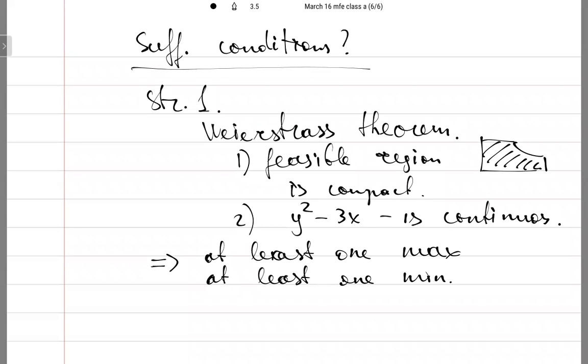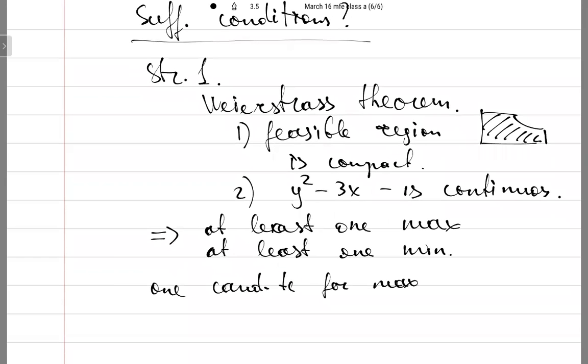If we have found only one candidate, then it is the maximum. That's our point: x is equal to 0, y is equal to 3, lambda 1 is equal to 3, lambda 2 is equal to 6. Then, according to the Weierstrass theorem, this candidate should be the maximum. Any questions about the Weierstrass theorem?